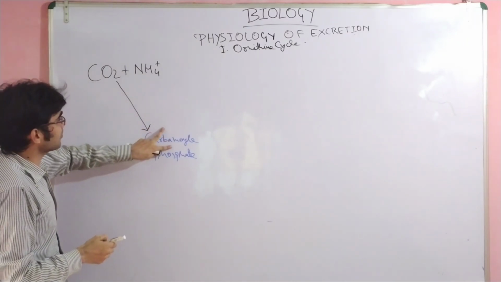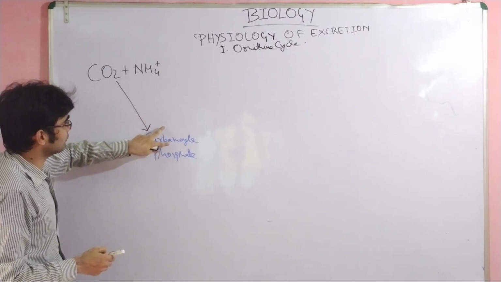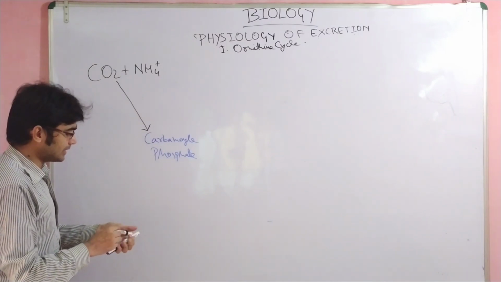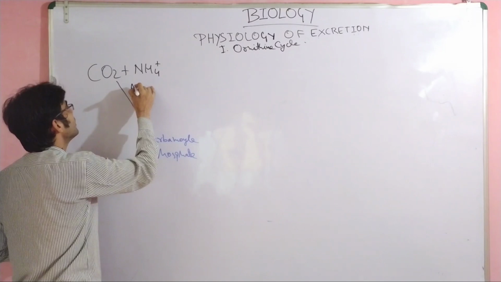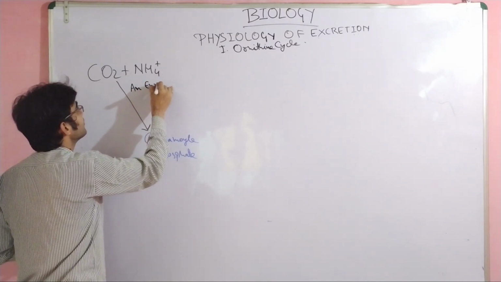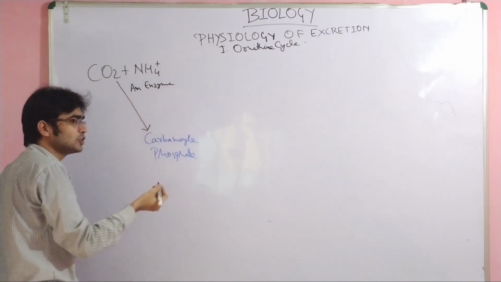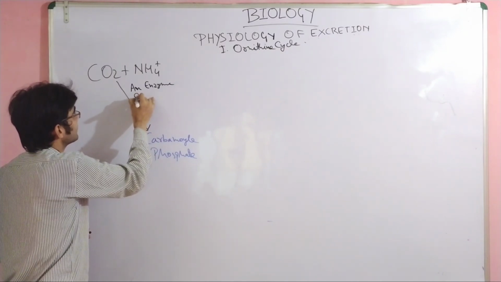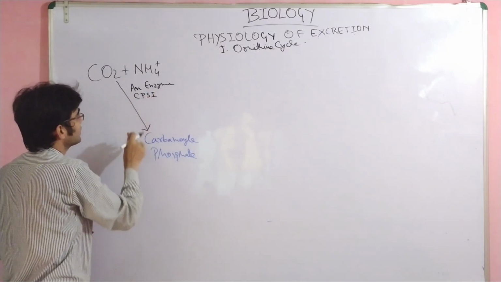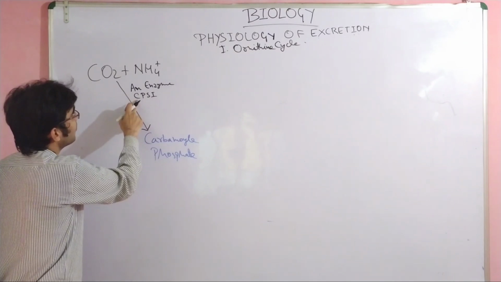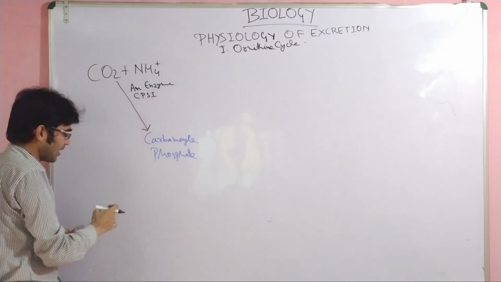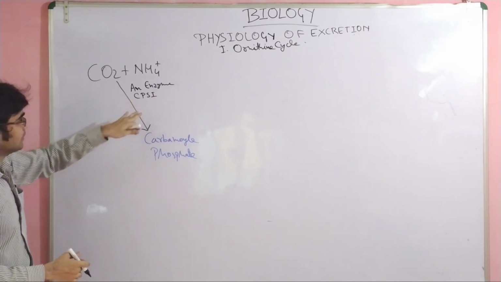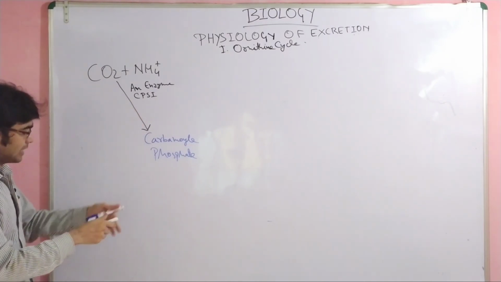And this carbamoyl phosphate is formed in the presence of an enzyme. It is known as CPS 1. CPS means carbamoyl phosphate synthetase 1. That I will write later, to complete this cycle.